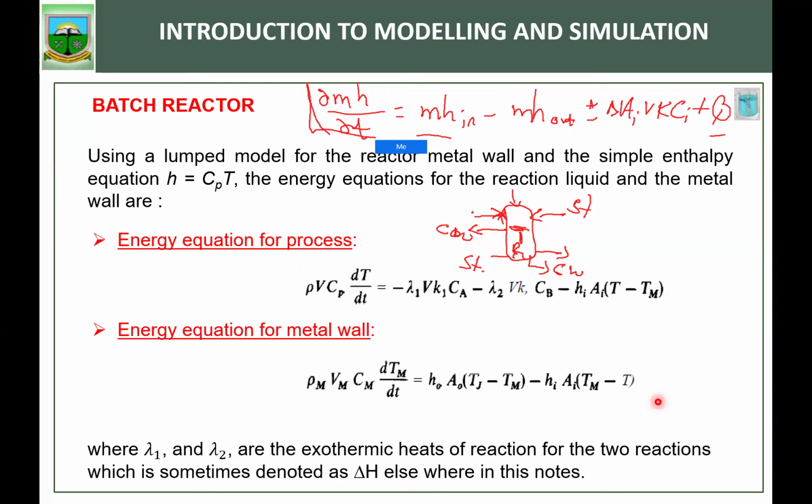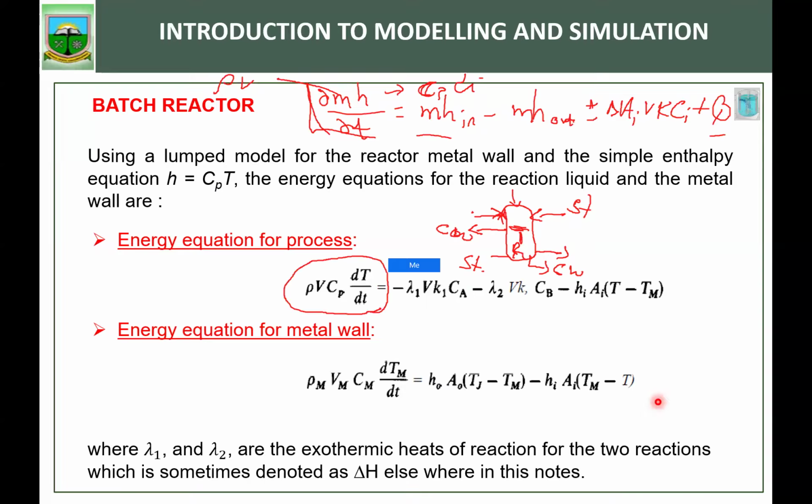So we're going to write this for each of them. So we know that this H here is equal to Cp dT. Do you get it? H here is equal to Cp dT. And mass here is equal to what? Rho times volume. So when you substitute rho volume and then H dT, you have this here.